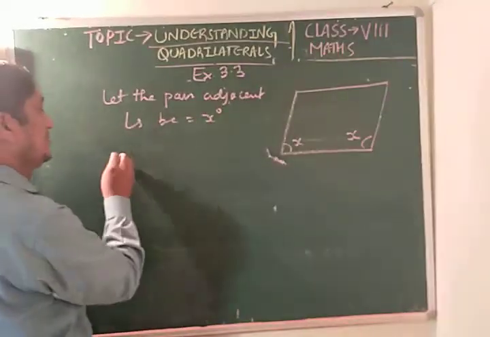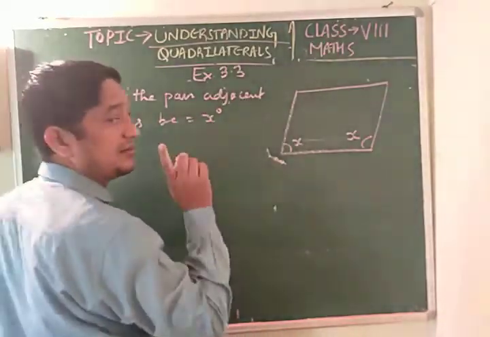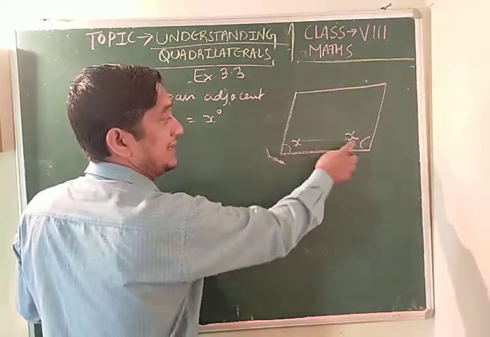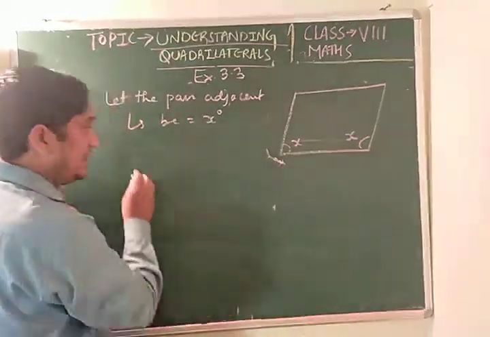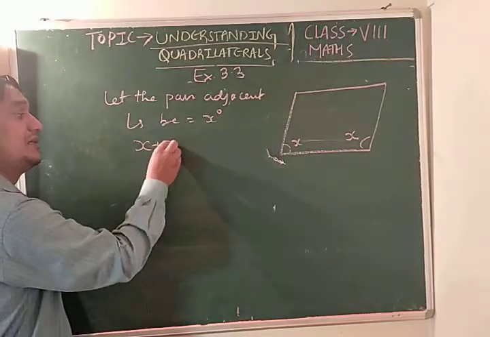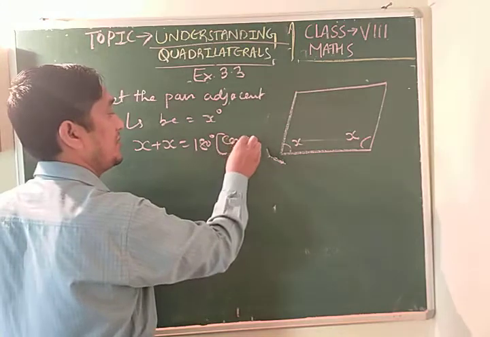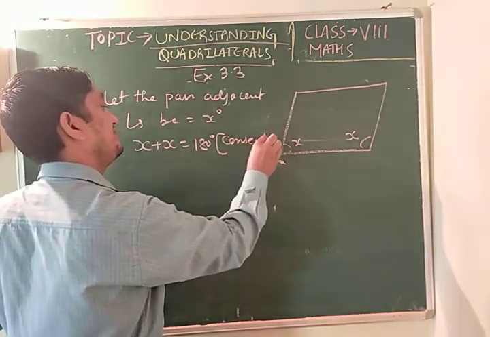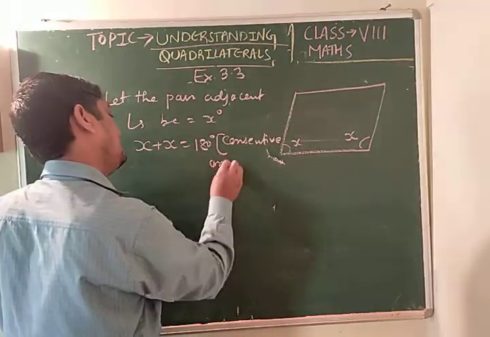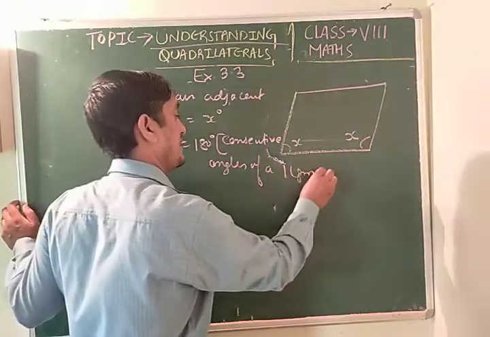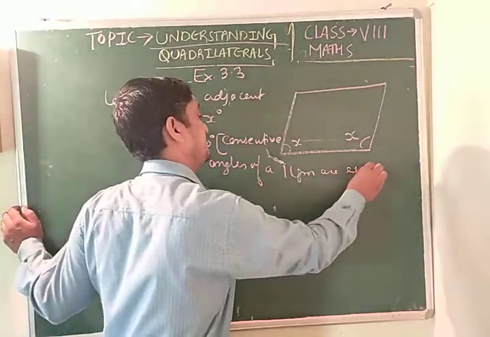x degree. So according to that property, consecutive angles or adjacent angles add up to 180 degree. It becomes x plus x is equal to 180 degree. Reason is consecutive angles of a parallelogram are supplementary.